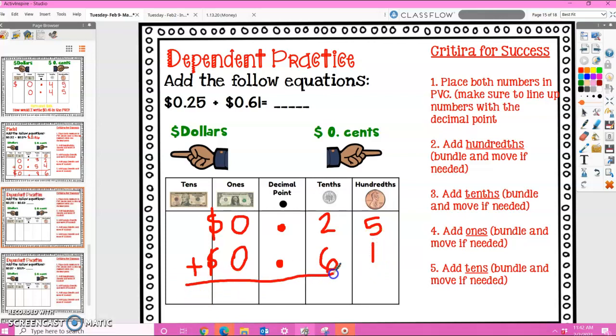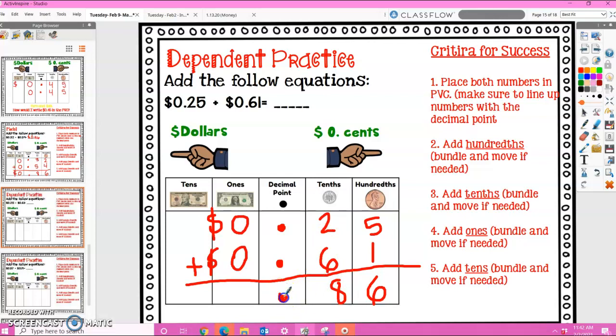So now let's go ahead and add, starting with the smallest place value, which is the one all the way to the right, the hundredths place with the th. 5 plus 1 is 6. 6 plus 2 is 8.